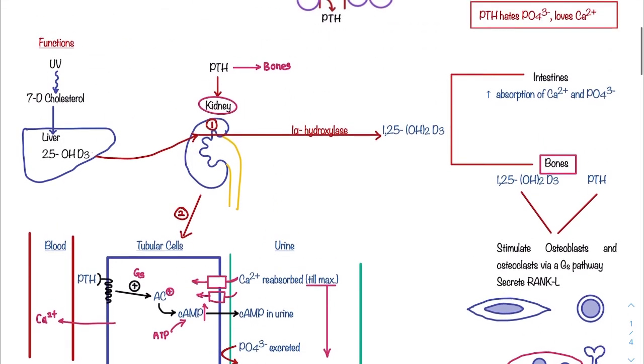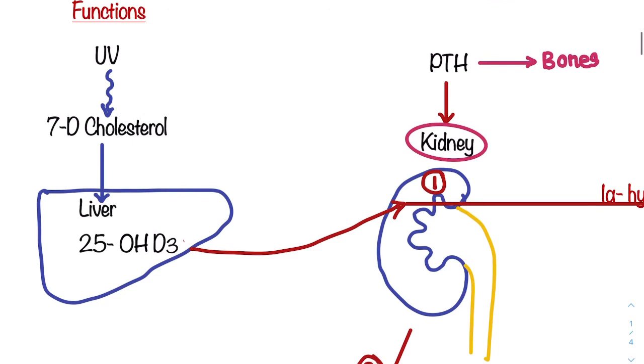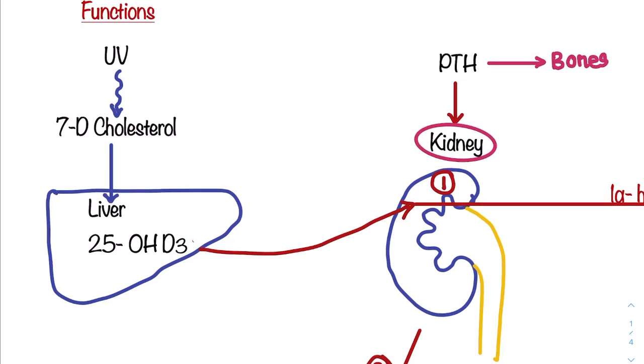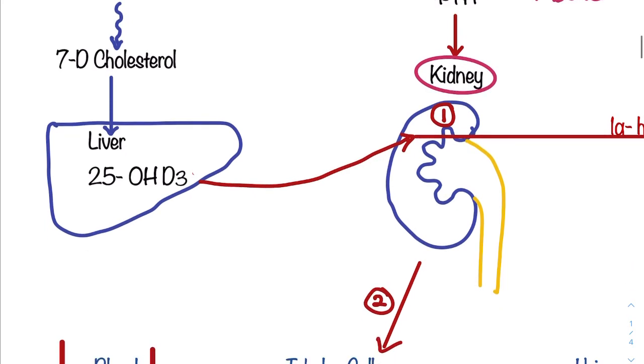So now let's look at the second function, vitamin D. So UV will cause the synthesis of vitamin D in this pathway. In the melanocytes, those cells will convert 7-dehydrocholesterol to a molecule which is stored in the liver. It is called 25 hydroxy cholecalciferol. You can see there's only one OH group.